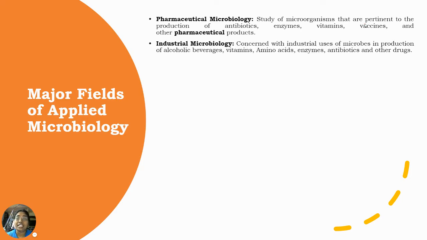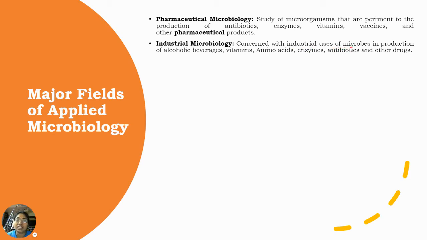Next, coming to industrial microbiology, where we are applying various microorganisms to the industrial field so that we can produce many industrial products. We will see one by one. Industrial microbiology is concerned with the industrial uses of microbes.